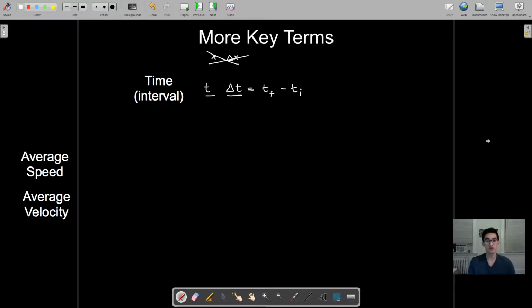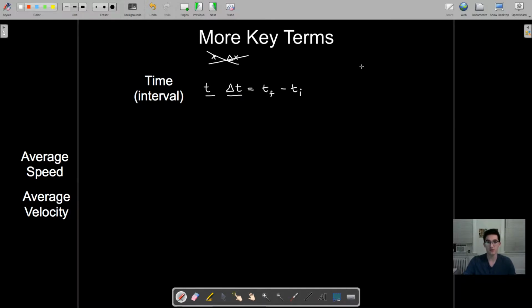So those are two different pieces of information. Meanwhile, for time, we can use t to represent a time interval because when we're describing the motion of an object, it has to be over some period of time, right? An object can't move if time isn't moving. So in order for us to describe the motion of an object, we have to be talking about a time interval.